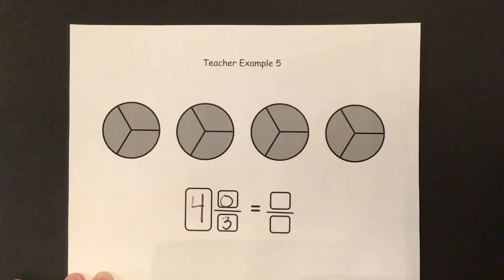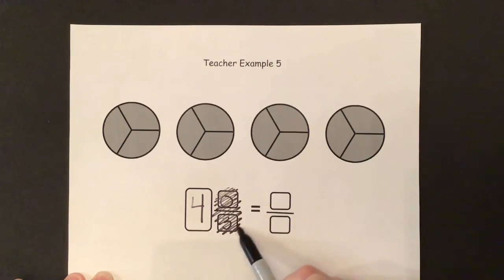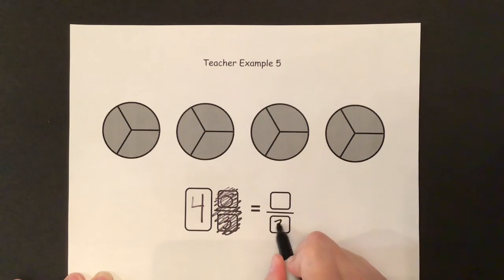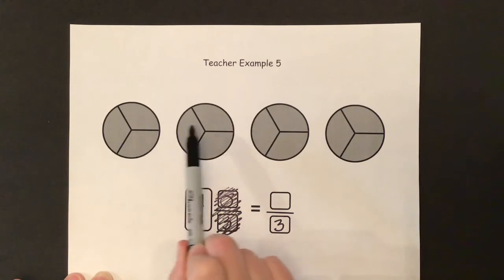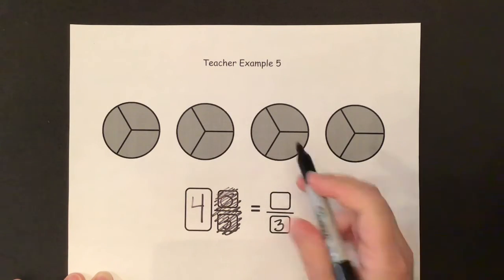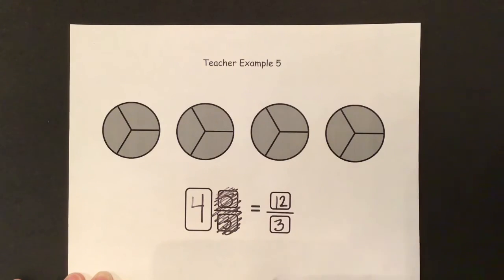When we have a nice even amount of wholes, we don't ever say 4 0 thirds. We just say 4 wholes. So we can just cross that out and say 4 wholes equals a certain amount of thirds. We've got 3, 6, 9, 12. 4 wholes equals 12 thirds.